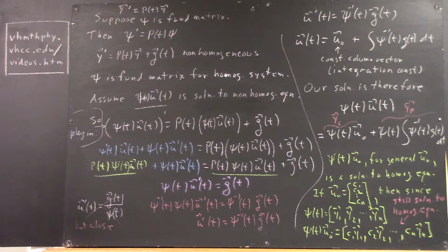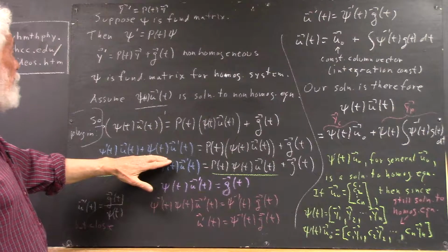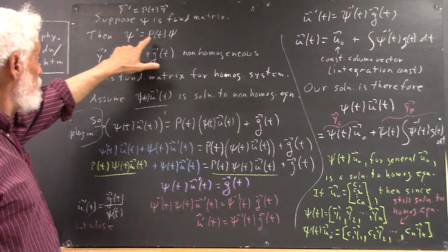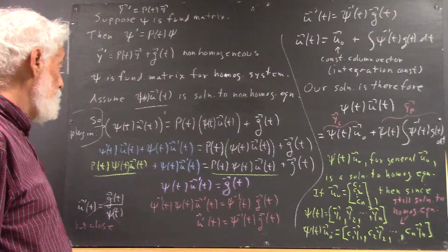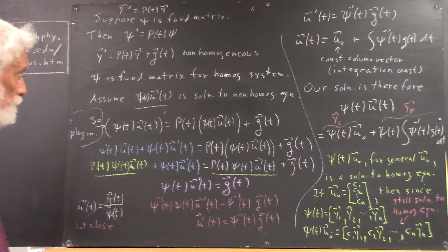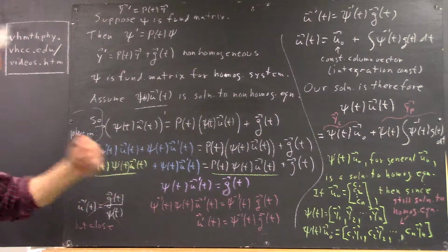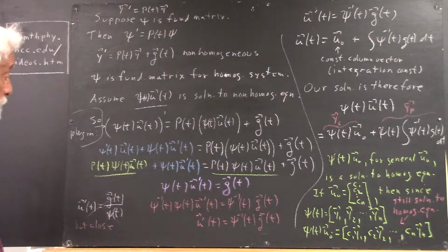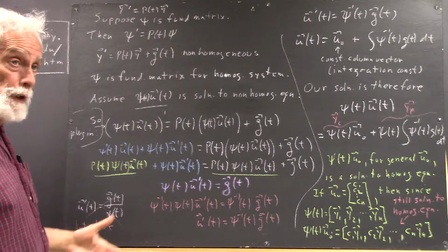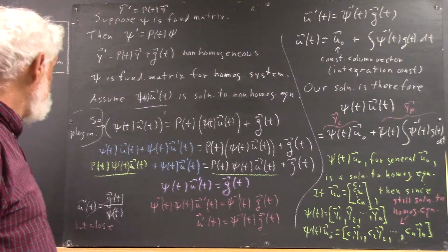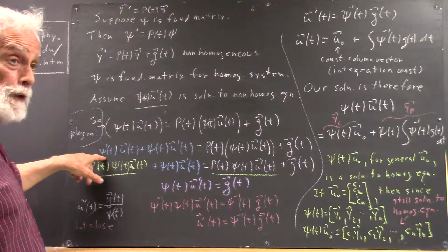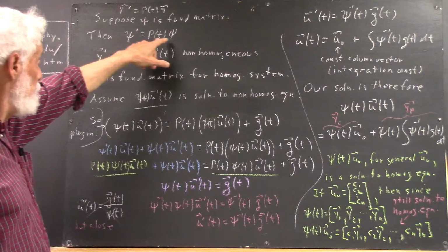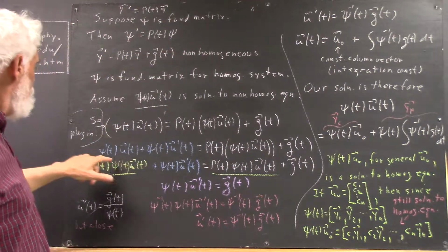Now, how can we use the fact that psi prime of t equals p of t times psi of t to simplify this? There are two ways to look at it, and the way I approached it in the document is easy to understand, but equally easy is this: we have psi prime of t here, so we substitute p of t psi for psi prime of t.